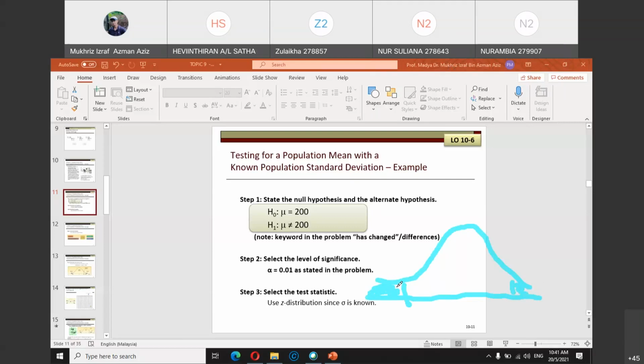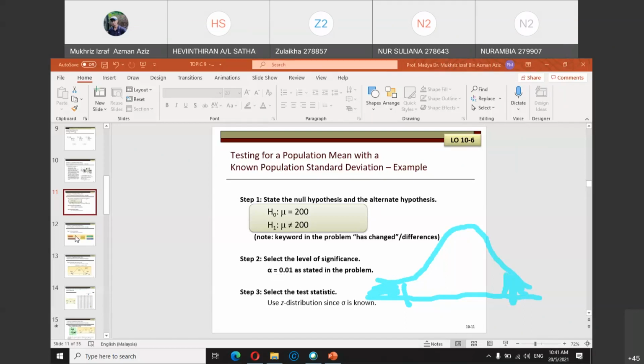Whether you are going to reject or not, the evidence can take the value of positive or negative. So when I say divide the alpha by 2, meaning 0.01 divided by 2, one area will be 0.005.